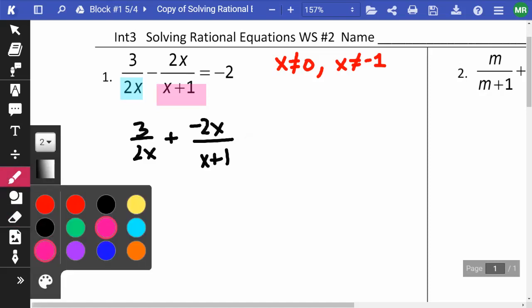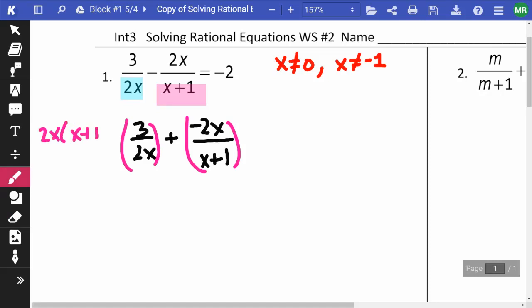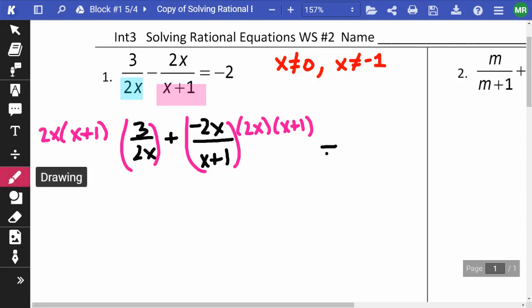So I'm going to multiply everything here and here, and I'm going to do it to the other side, but let me just write this first: 2x and x plus 1, and over here, again, 2x and x plus 1. And then the rest of that equation was equal -2. And I have to do it to both sides, and I have to do it to every term on both sides. So 2x and x plus 1.